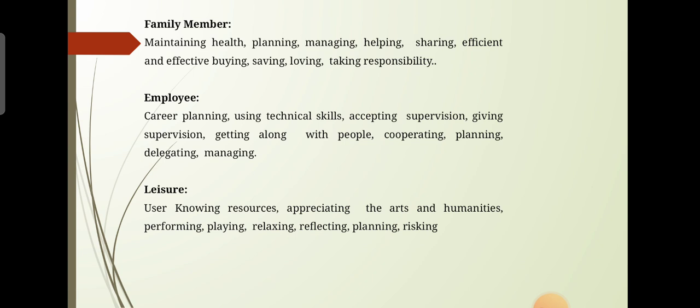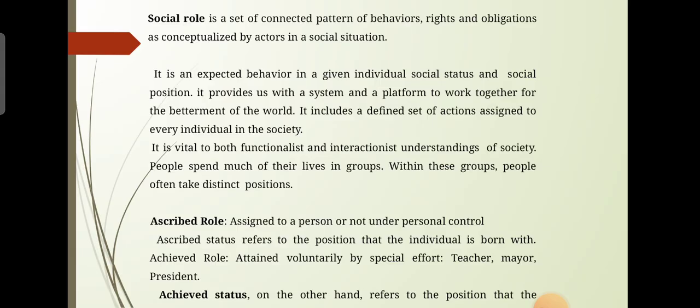And the social role: a set of connected patterns of behavior, rights and obligations as conceptualized by the actor in the social setting. So it is an expected behavior in a given individual social status, social position, right? So it is vital to both functionalist and interactionist understanding of society.